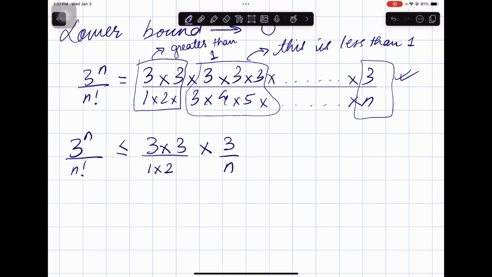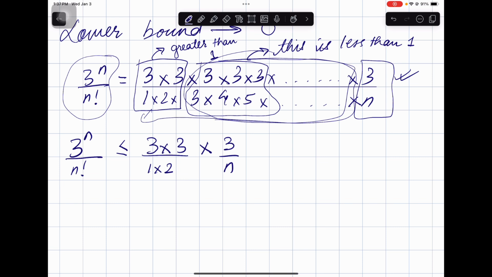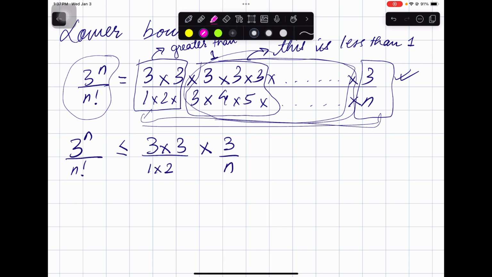I think I can, because the entire term that will be over here is less than 1. So 3 to the power n over n factorial will be less than these terms, because the terms in between are less than 1.